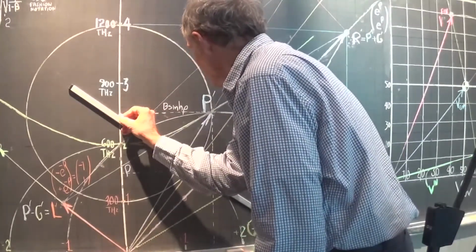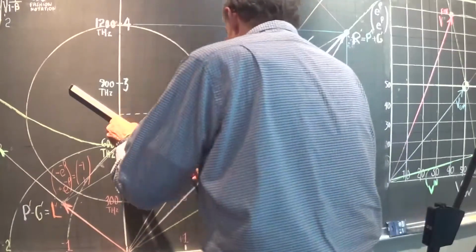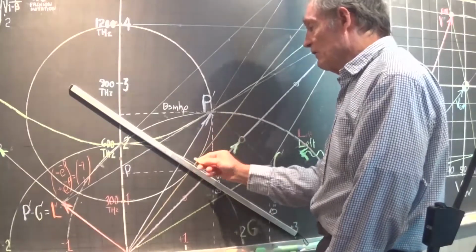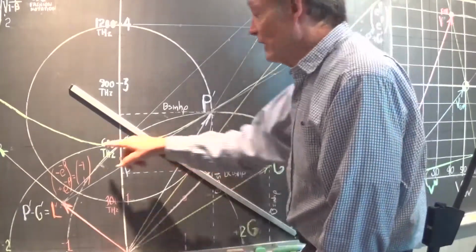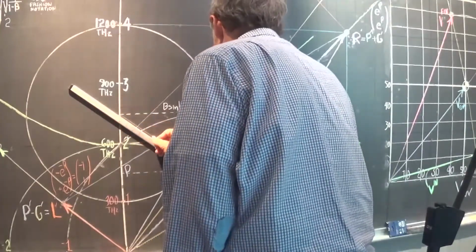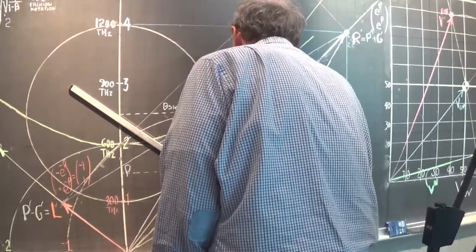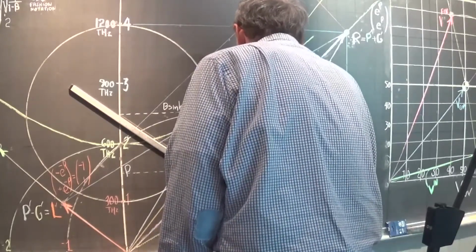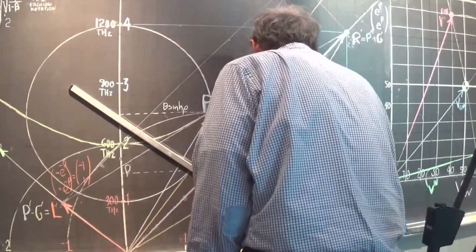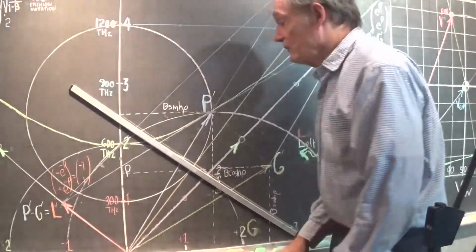Okay, the basic idea is that this is going to come through there, and it should be just tangent at this point, where this contacted the circle, this one contacts the base circle. So I'm going to try to get that right. Now it misses that, but there's a point right there where it should be contact. And then it continues down here to intersect the axis at some point.